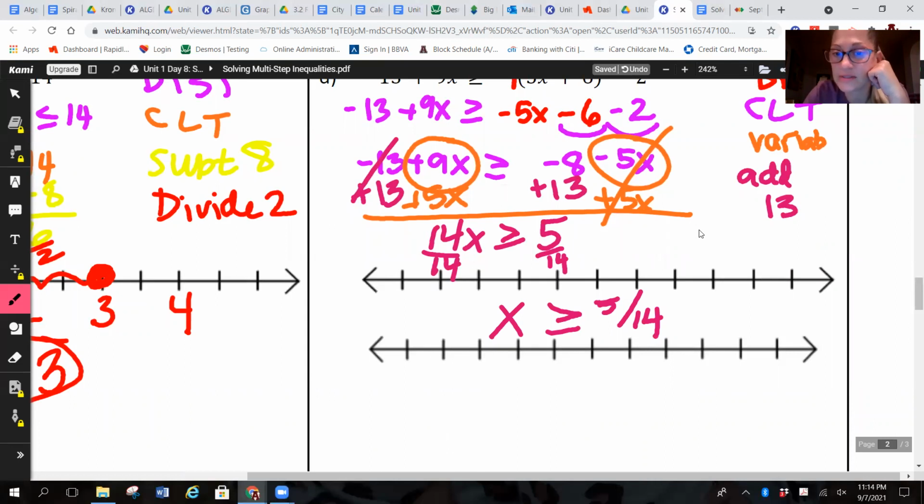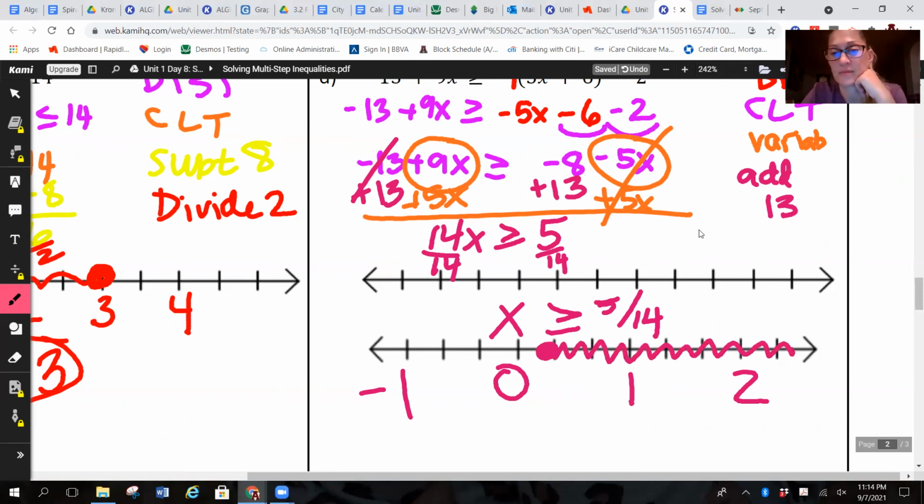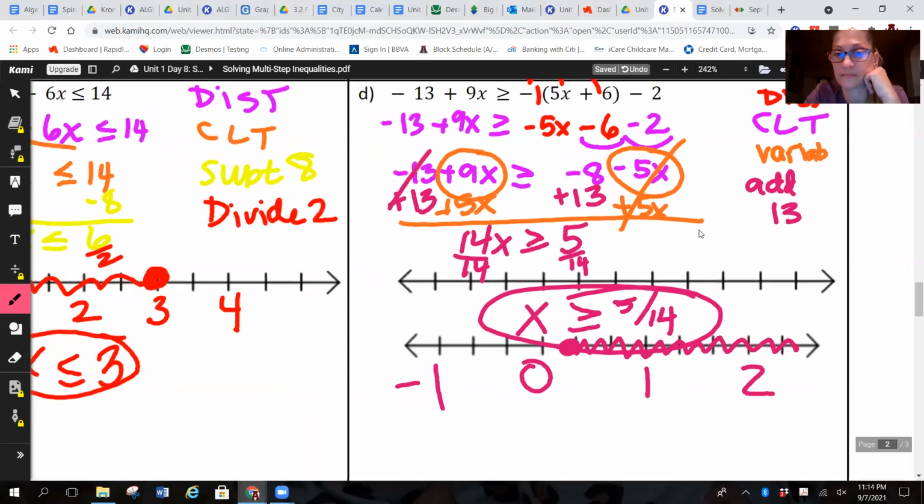So 0.3 is in between 0 and 1, somewhere around here. And it says x is greater than or equal to 0.36 or 0.37. So I need a greater than, which is to the right. Final answer, and that's 5 divided by 14.